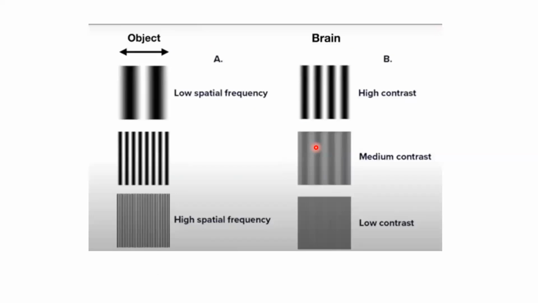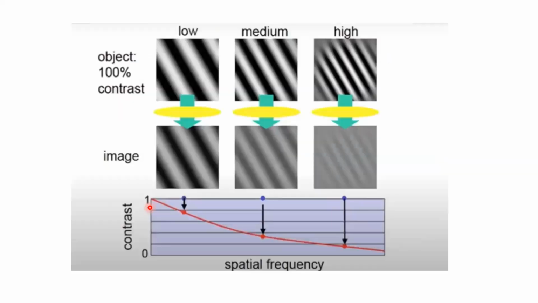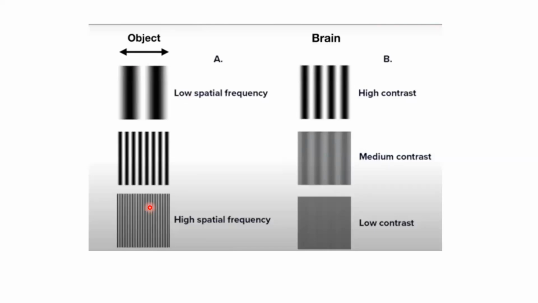An important point to note here is that when the object has a low spatial frequency, our brain can see it very well with a very high contrast. As we start increasing the spatial frequencies, the contrast perceived by our brain is lesser and lesser. That is the measurement we use for the modulation transfer function, which essentially means how much of the contrast of the object is transferred to the contrast of the image.